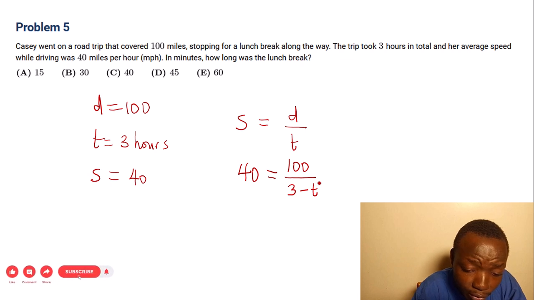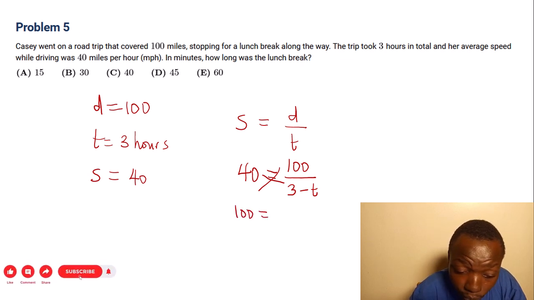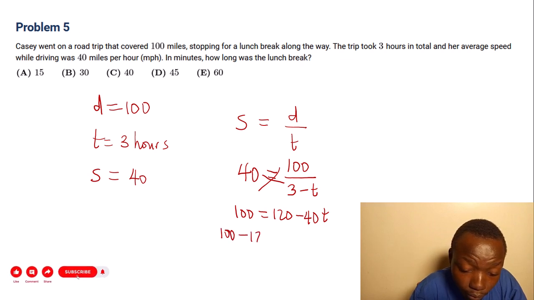So here, if we cross multiply, we have 100 is equal to 120 minus 40t. Okay, so if you group like terms, you're going to have 100 minus 120 is equal to minus 40t.